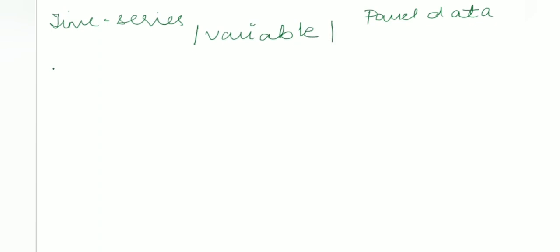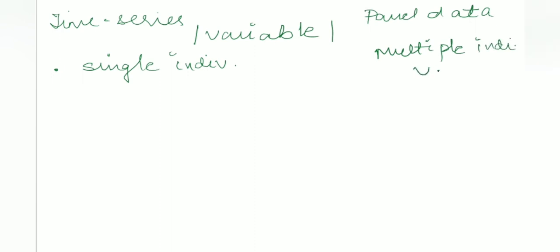As I told, time series focuses on a single individual or a variable, whereas panel focuses on multiple individuals or variables. This is the major difference between time series and panel: the variable.